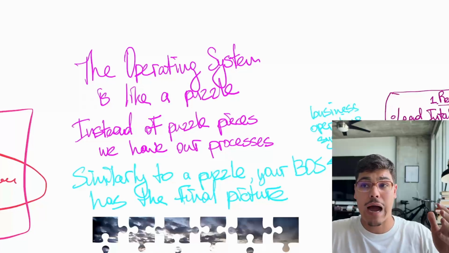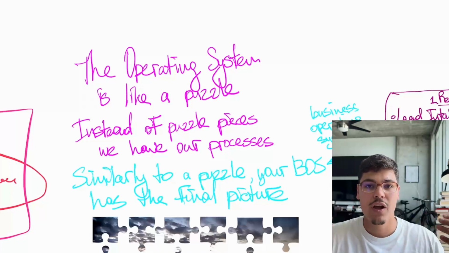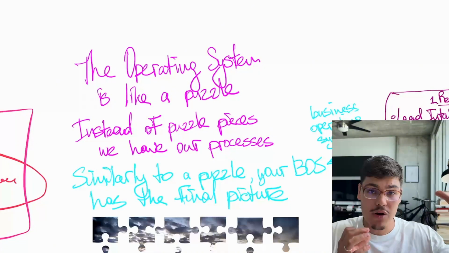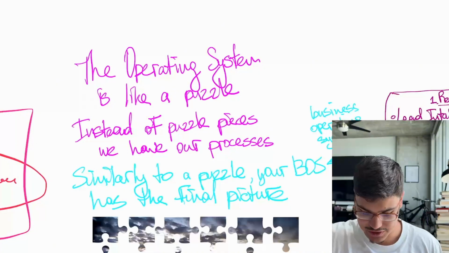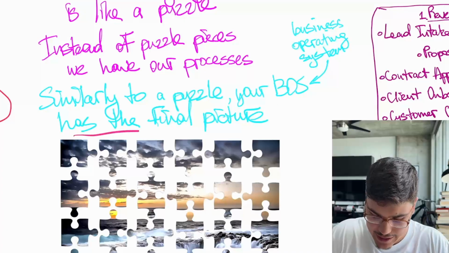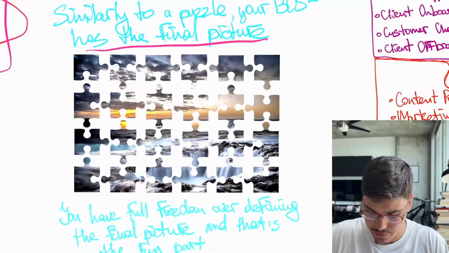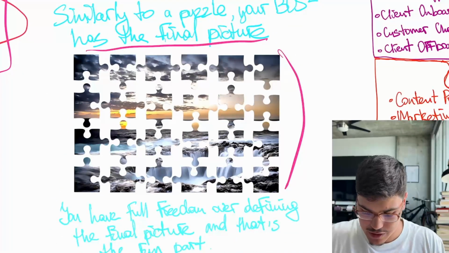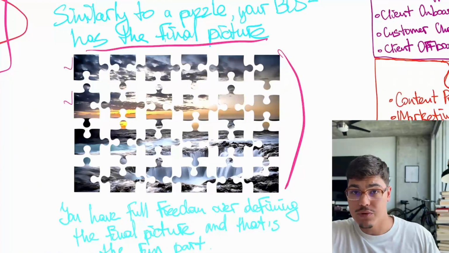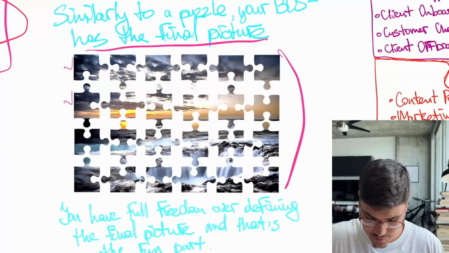The goal of today's video is to give you a full list of many processes and business components that are going to be part of your business operating system. Similarly to a puzzle, your business operating system has a final picture. This is an image that I put together here. Each one of these pieces, as I said, you take one and put it in the right spot.